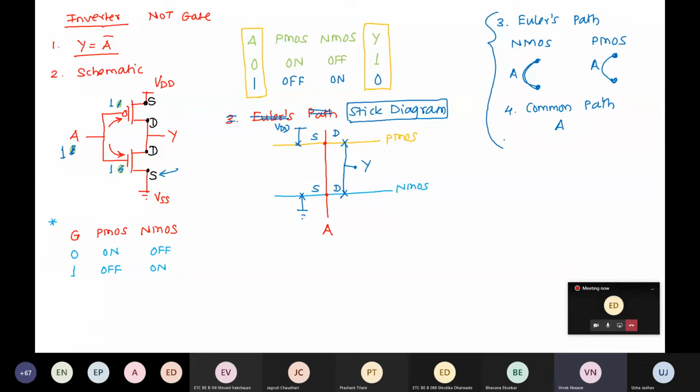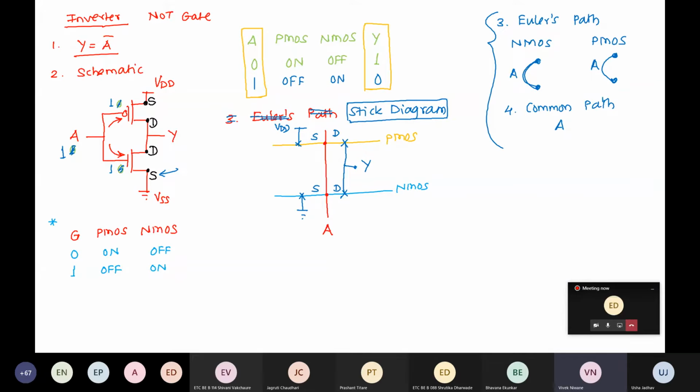But as soon as your number of inputs becomes more, 3, 4, 5, this becomes very, very important. So for the sake of procedure only, we have written step number 3 and step number 4 here.